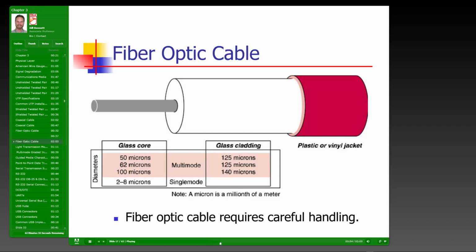In addition to varying thicknesses within the fiber optic cabling, there's two different types of fiber optic cabling, which is multi-mode and single mode.